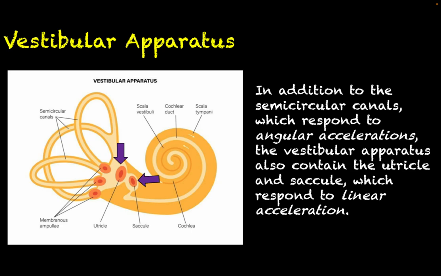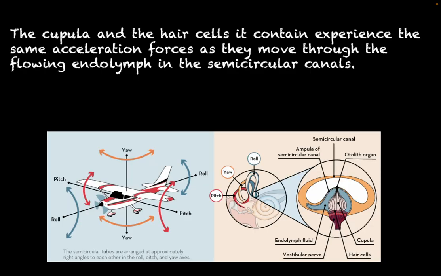And in addition to the semicircular canals, which respond to angular accelerations, the vestibular apparatus also contains two extra structures, which are called the utricle and the saccule, and they respond to linear acceleration. The utricle and the saccule also contain sensory hair cells, but they are not organized into an ampulla or a cupula like we see with the semicircular canal. So we'll see more of that later.